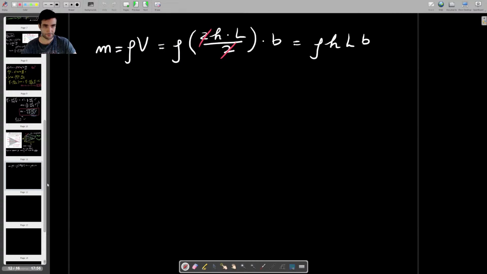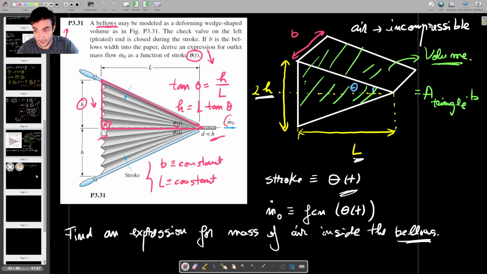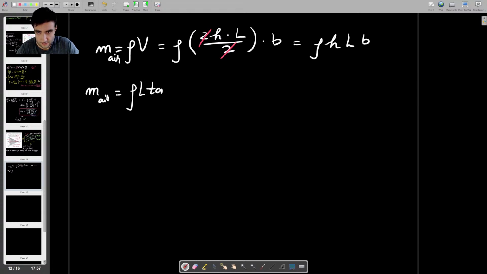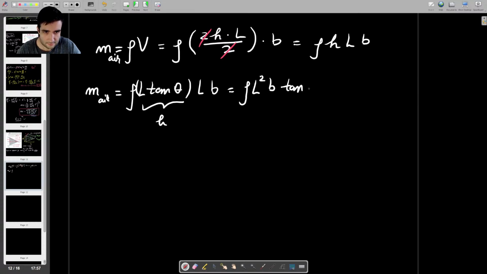Okay, so that's it. This is the mass of air, remember? That's the mass of air inside the bellows, so that's rho, and then we have h, which is L tan theta, yeah, this used to be h, and then I have L again, and then I have B. I don't worry about L and B because they're constants, so this is going to be equal to rho L squared B tan theta.